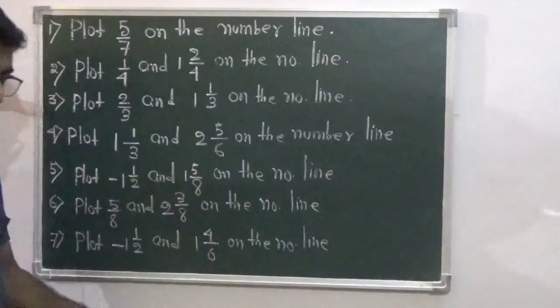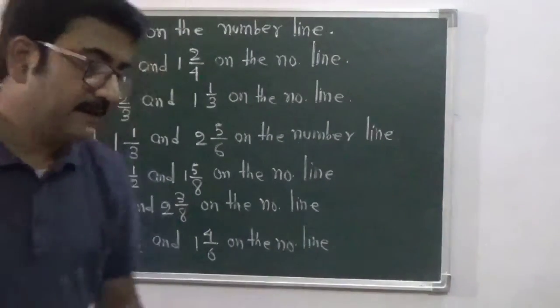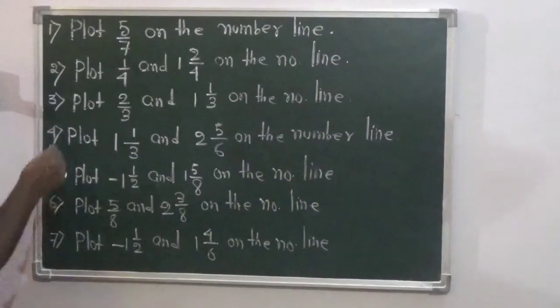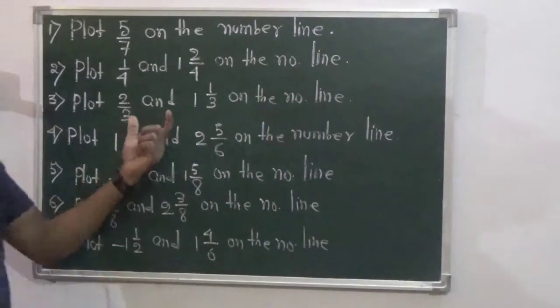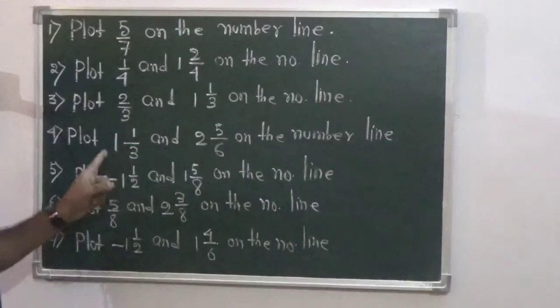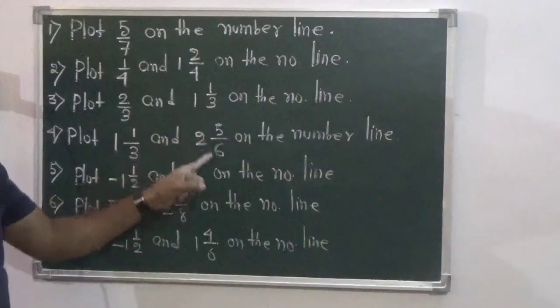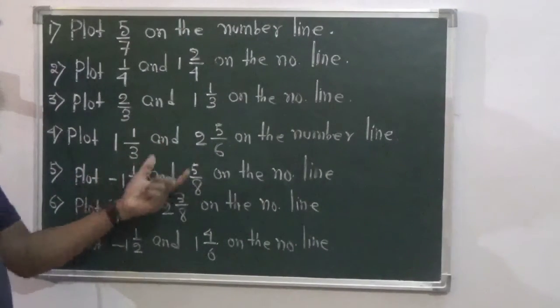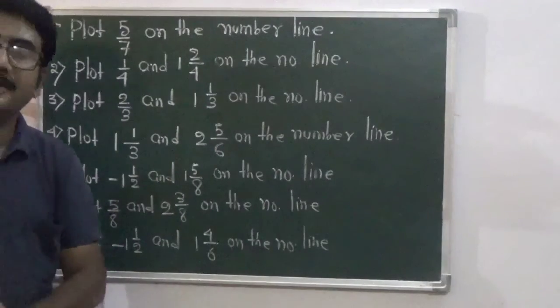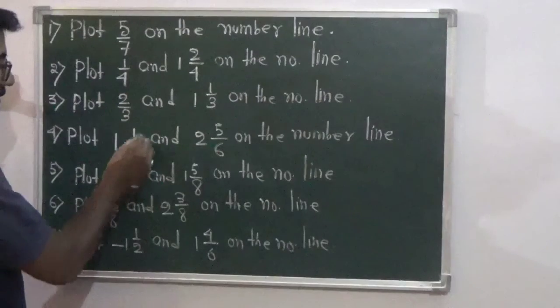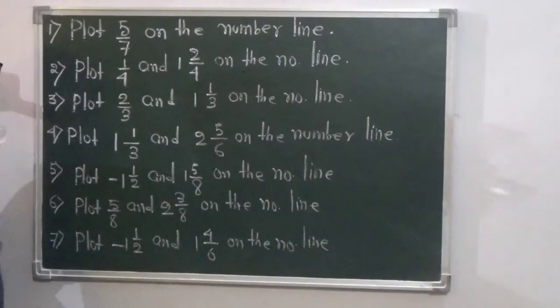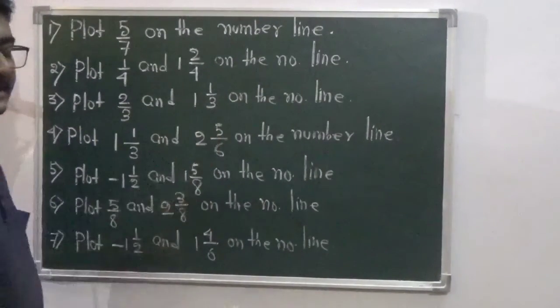Now before we conclude this class, let us look into question number 4. You can see two improper fractions are given, 1 1 by 3 and 2 5 by 6, and you have to plot both the points on the same number line. Now if you look carefully, the denominator of the first fraction is 3 and the second one is 6.